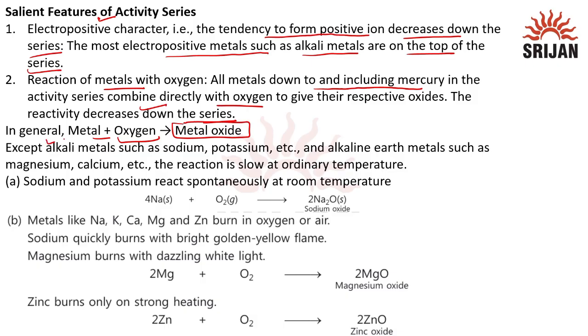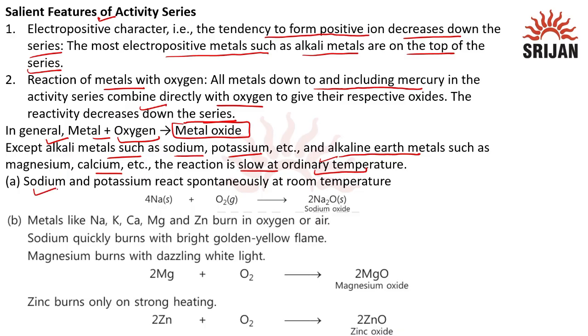Except for the alkali metals such as sodium and potassium, and alkaline earth metals such as magnesium and calcium, the reaction is slow at ordinary temperature. These metals are very reactive, that's why the reaction is very fast. But in other metals, the reaction is very slow at room temperature.